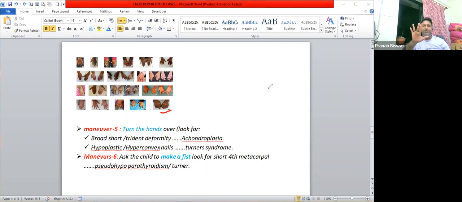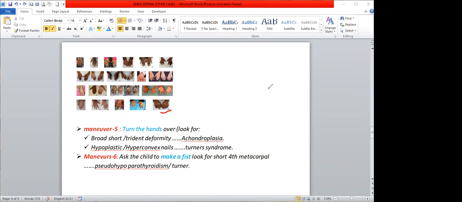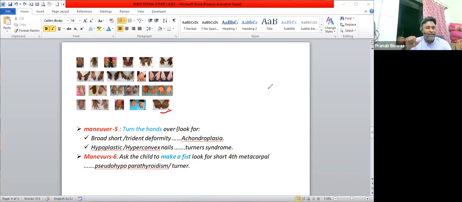So this is the trident hand. This is the finding of achondroplasia. At the same time, in a small baby or small children, they can have some swelling that is suggestive of Turner syndrome as well.